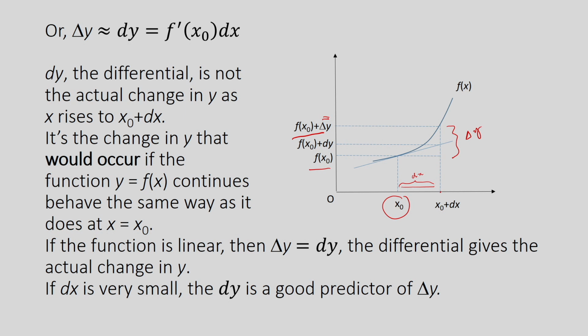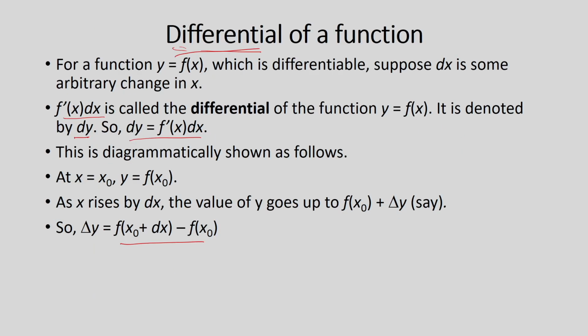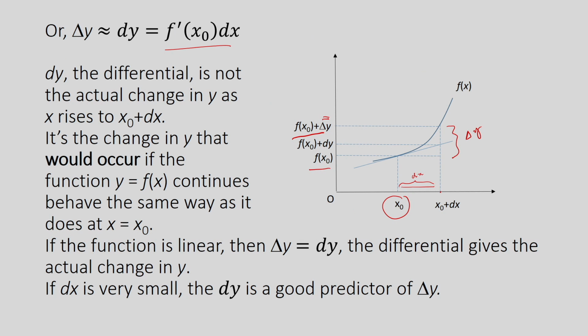So, delta y is not equal to, but approximately equal to dy, which is equal to f'(x0) dx. dy is called the differential, it is not the actual change in y as x rises to x0 plus dx. So, as x is rising, what is the change in y? It is here, this is the new value of y. What is dy? dy is not that one, dy is equal to f'(x0) multiplied by dx.